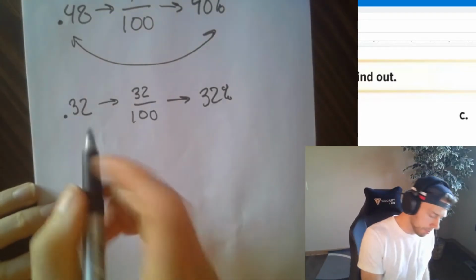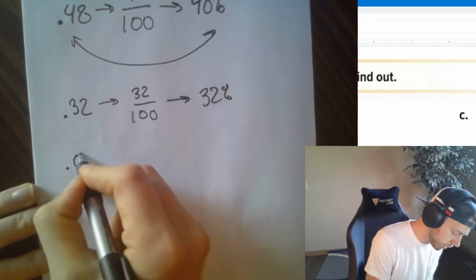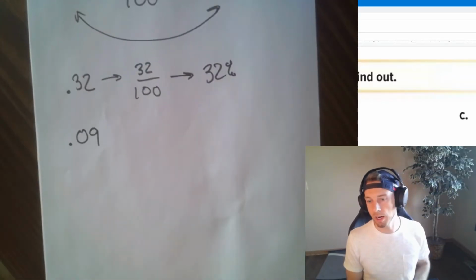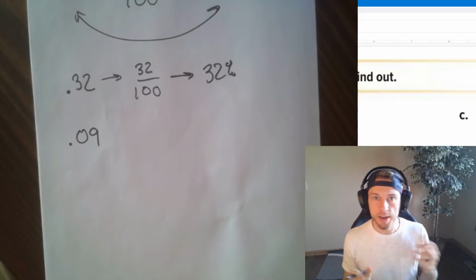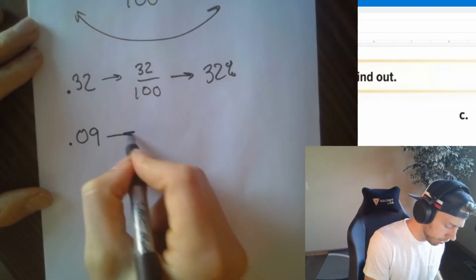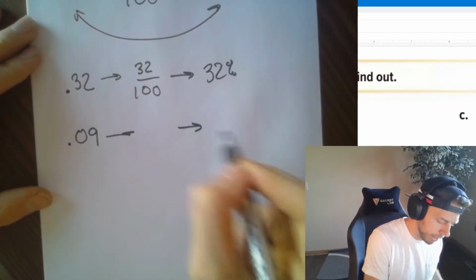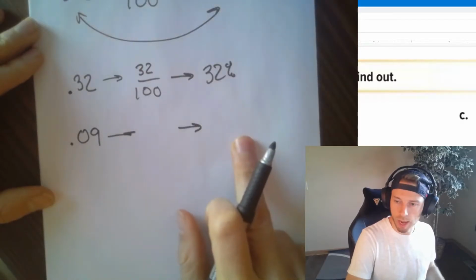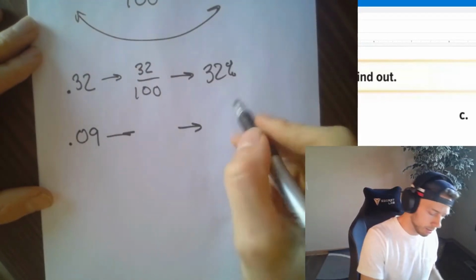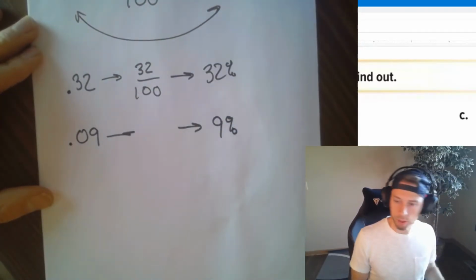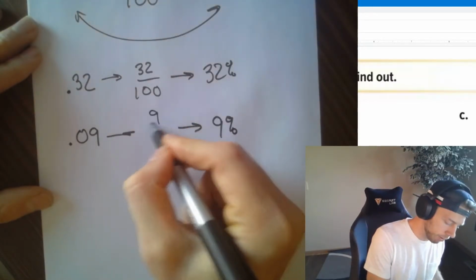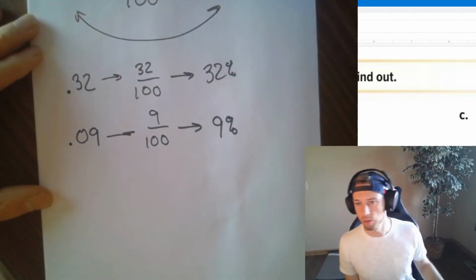Another example might be 0.09, or 9 hundredths. As a fraction we could probably skip that part for right now, but 9 hundredths as a percent would be 9%. 9 out of 100, or as a fraction, 9 out of 100.